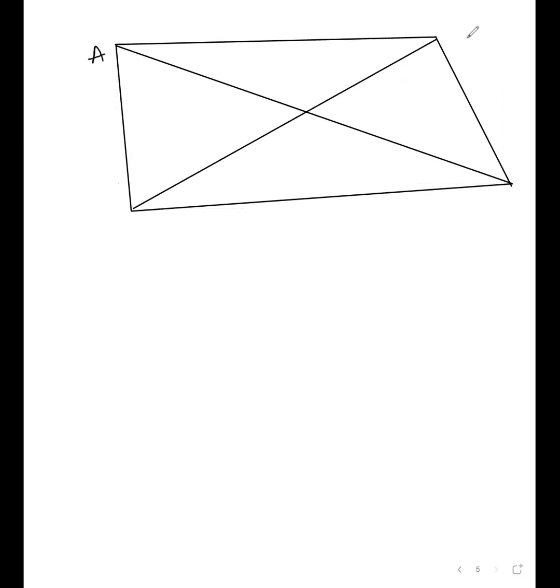A, B, C. Okay, let me not mess up the order. A, B, C, D. Now, if we look at the four small triangles, we should not have tried this approach actually. Look at the four small triangles and let's try to do this for each of them.